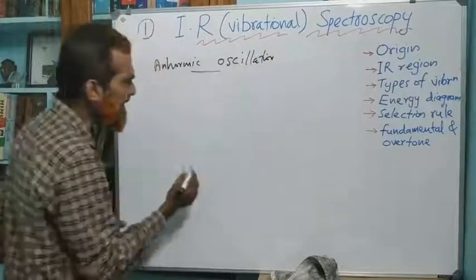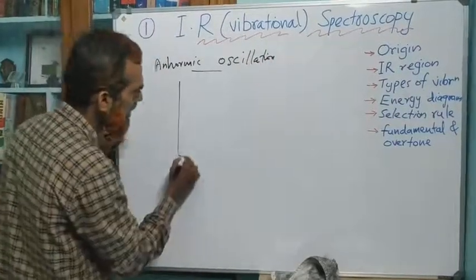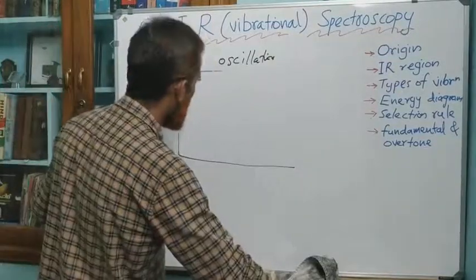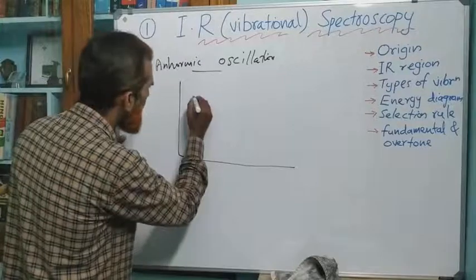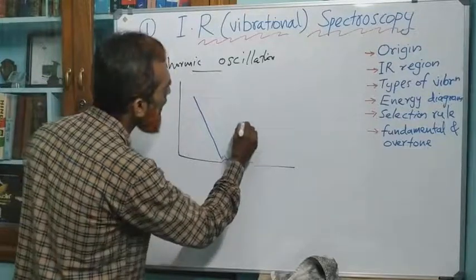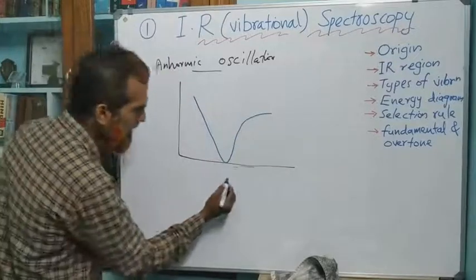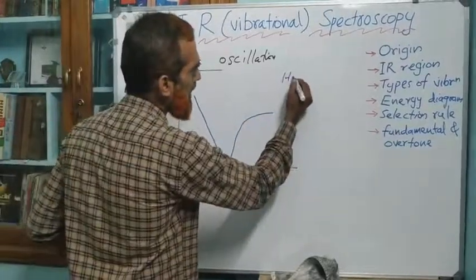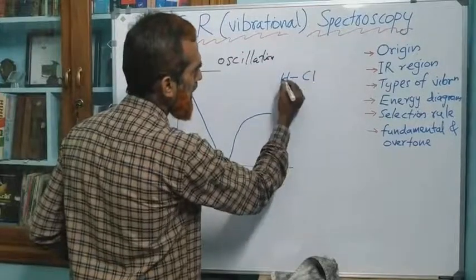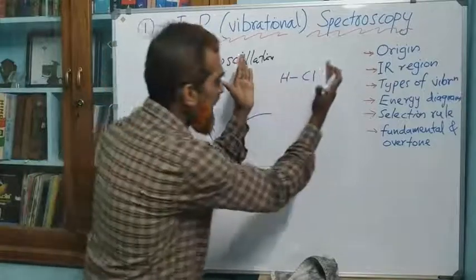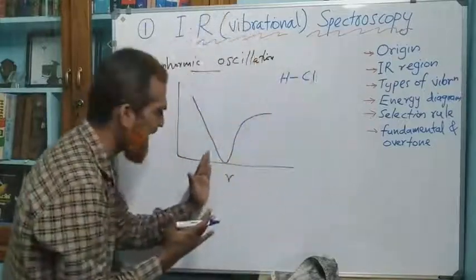In this case, the energy diagram is a little bit different. It comes like this. See, this is the internuclear distance. Suppose we have HCl. It undergoes vibration. When the distance decreases, that is compression, the energy is increasing.